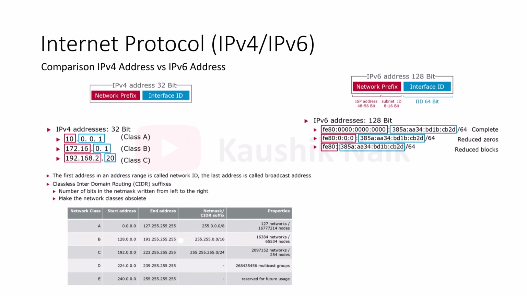Let's compare and see the difference between IPv4 and IPv6. Both of them have two fields within, which are network prefix and interface ID. By just looking at the examples of IPv4 and IPv6 addresses, the IPv6 address looks more complicated and is not easily readable when compared to the IPv4 address.